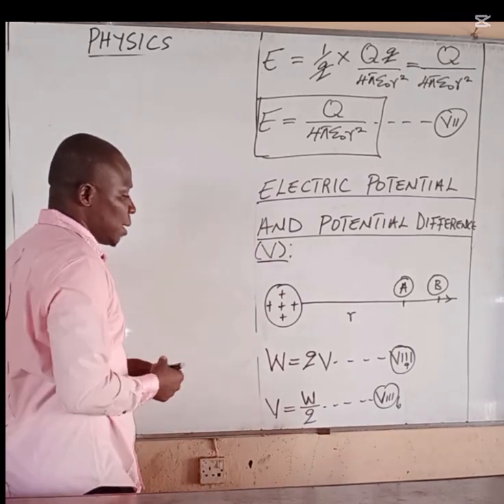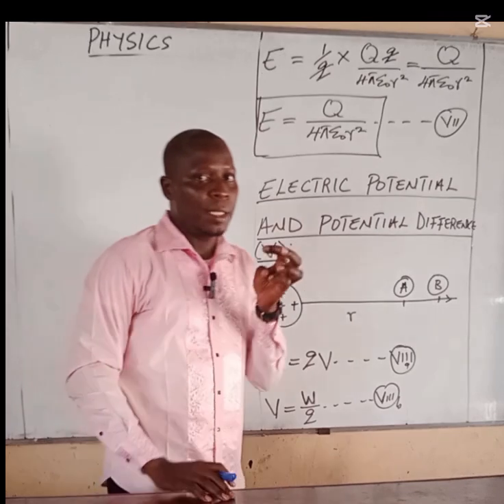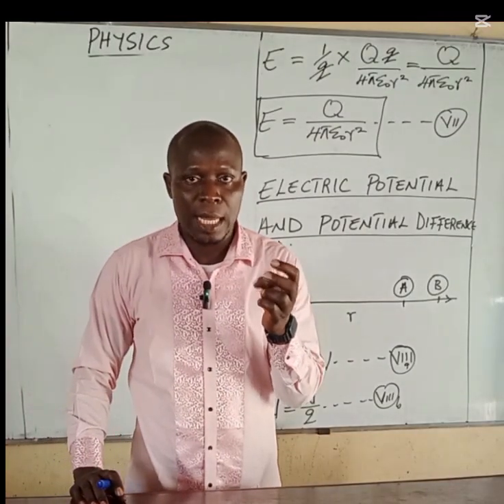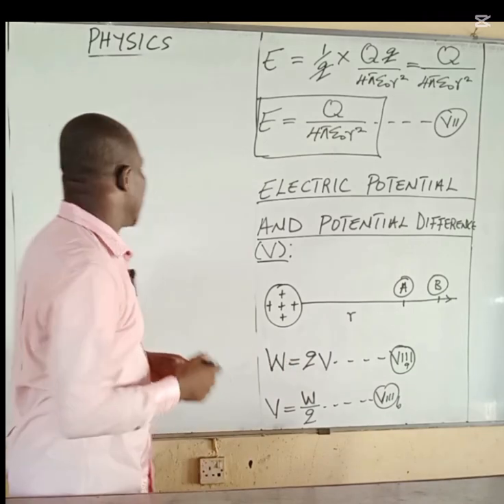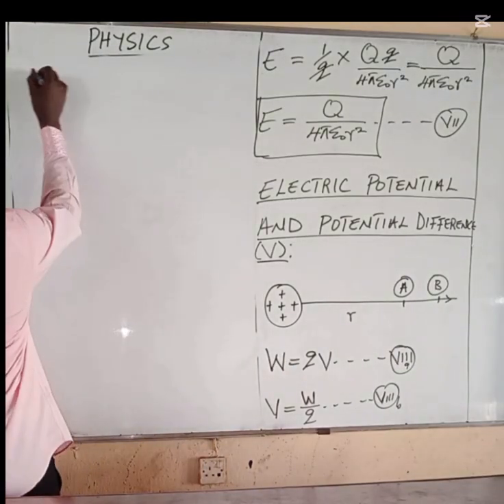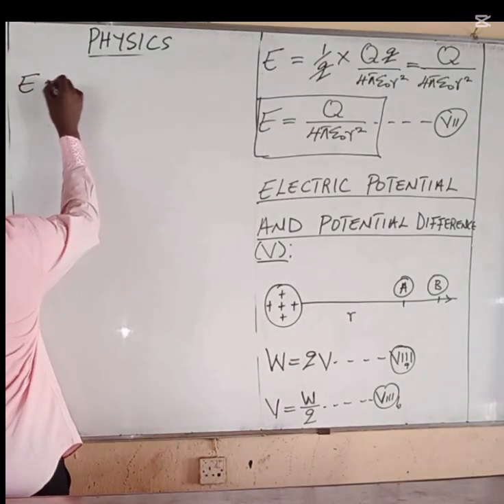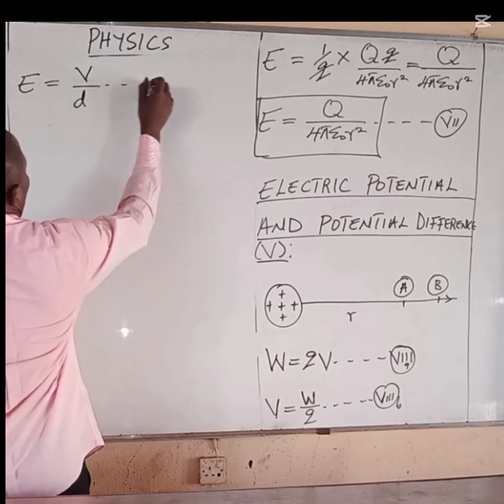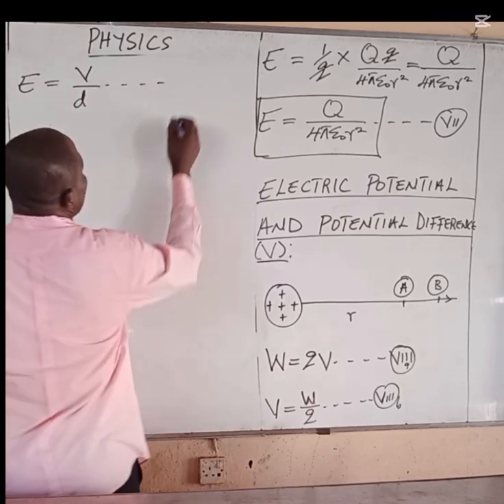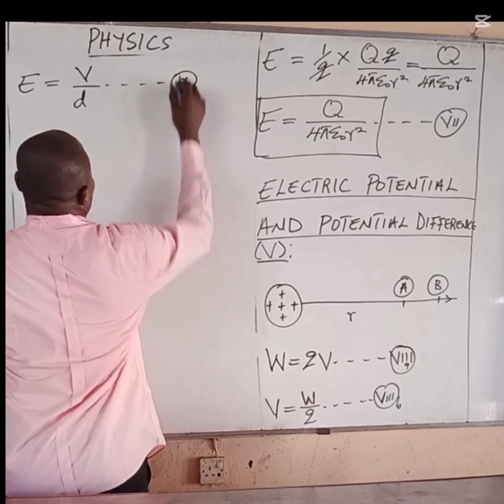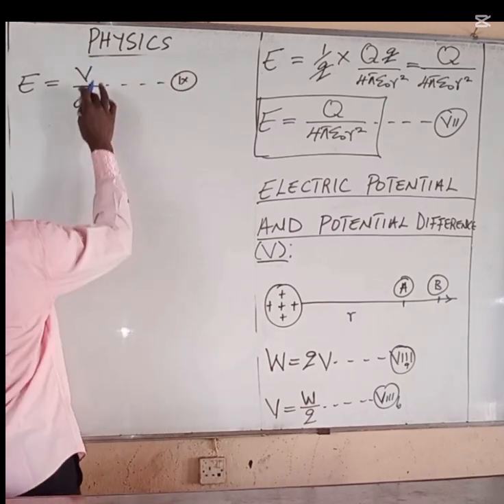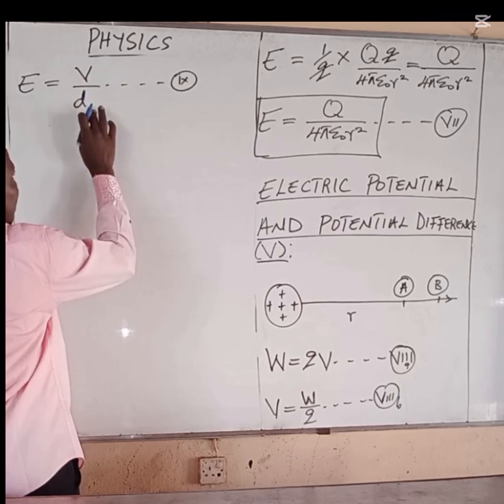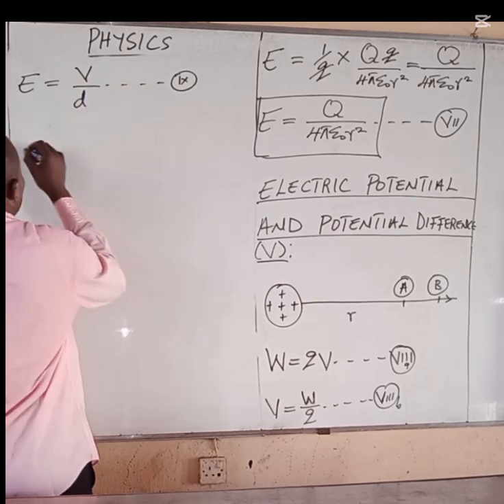Also, there is a relationship between electric potential, electric field intensity or strength, and the distance between the charges. That relationship is given by electric field strength E is equal to V over D. You can call this equation 9, where V is in volt and D is in meter.